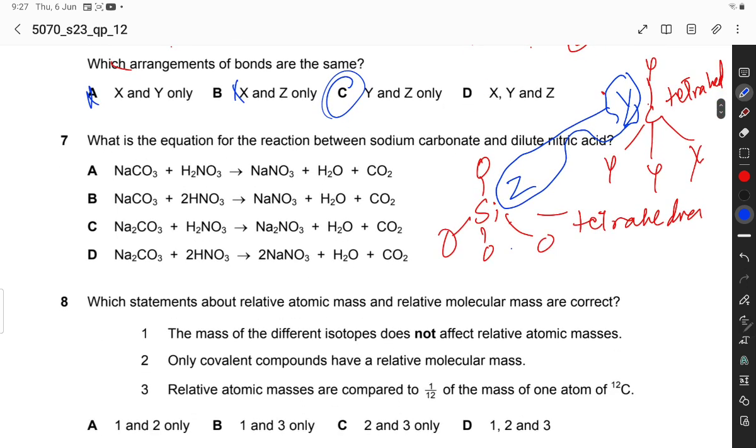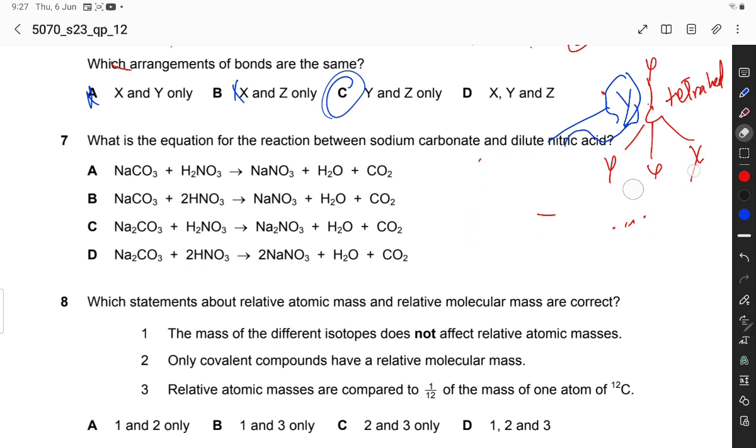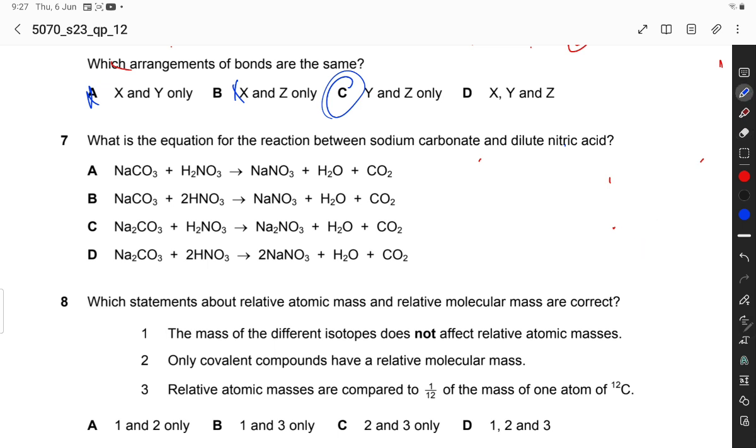What is the equation for the reaction between sodium carbonate and dilute nitric acid? This is the equation: sodium carbonate Na2CO3 plus HNO3 to form NaNO3 plus water plus CO2.